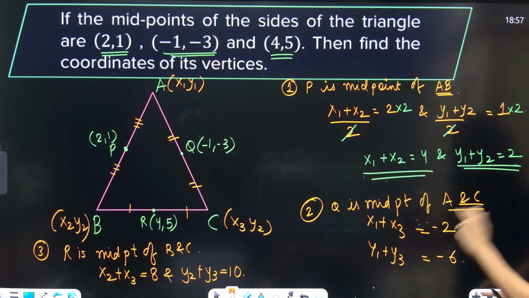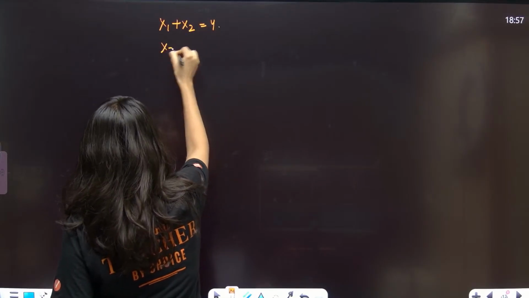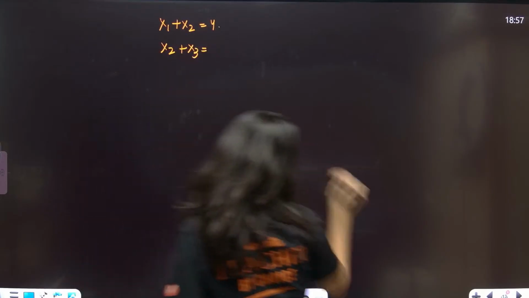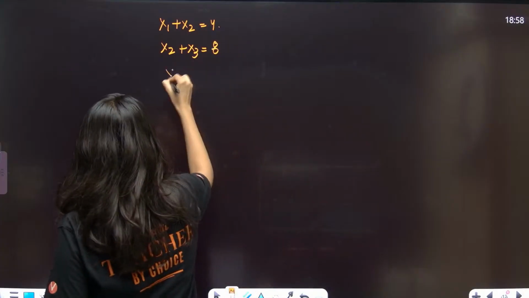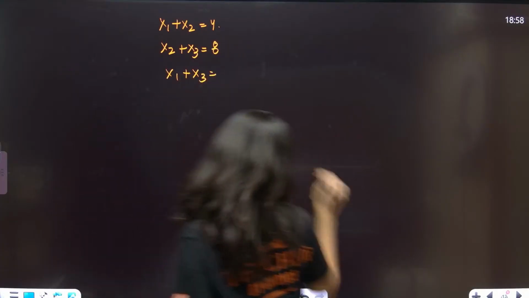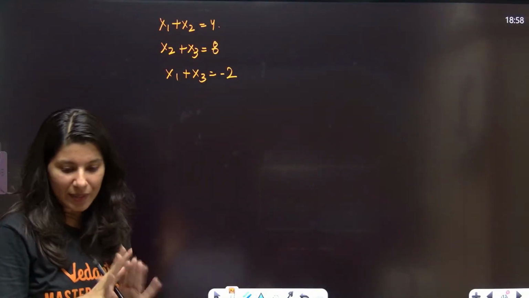So now x1 plus x2 is 4. x2 plus x3 is 8 and x1 plus x3 is nothing but minus 2. Yes, these three details I have got for x1, x2 and x3.